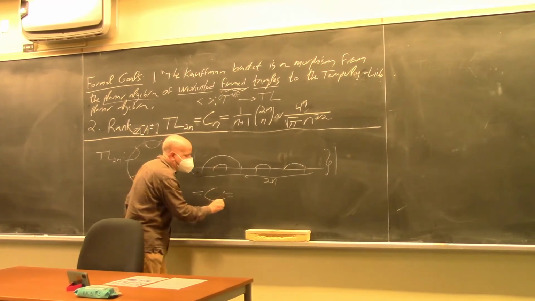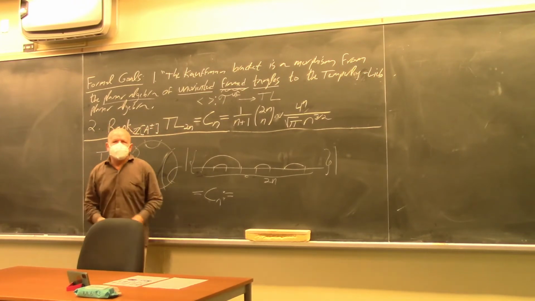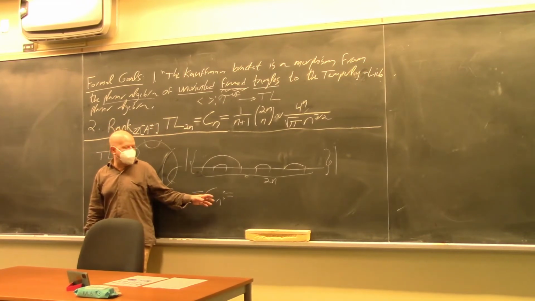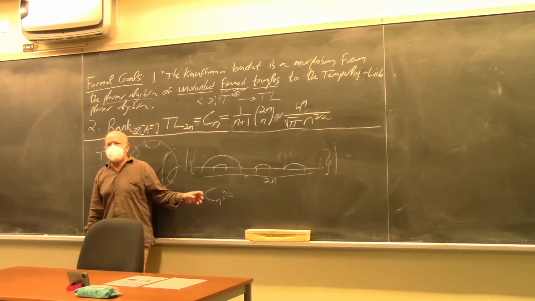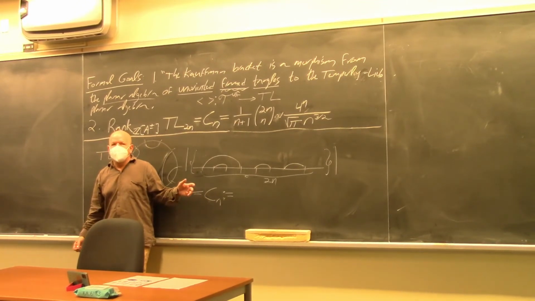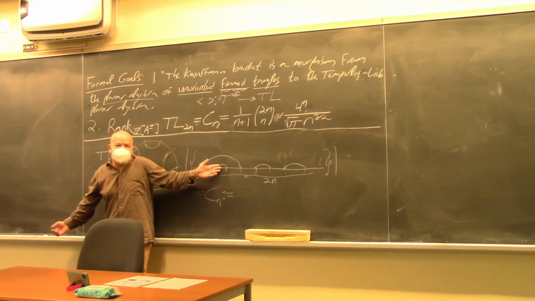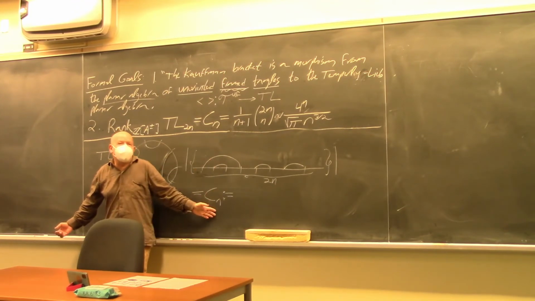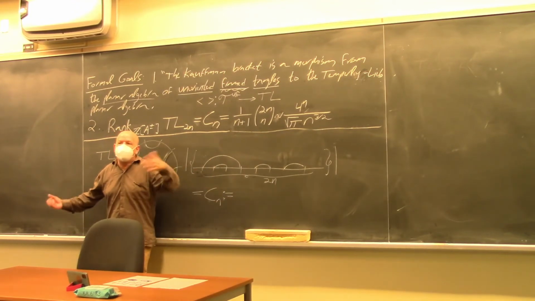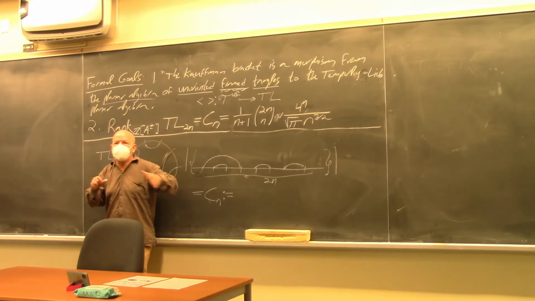which is hereby defined to be... By the way, there is a paper by Richard Stanley in which he gives like 70 or 80 definitions of the Catalan numbers. So to say that I define it to be something is silly, because there are 80 definitions, and the whole point of the paper is to show that they're all equal.